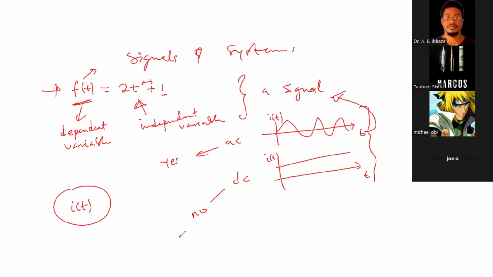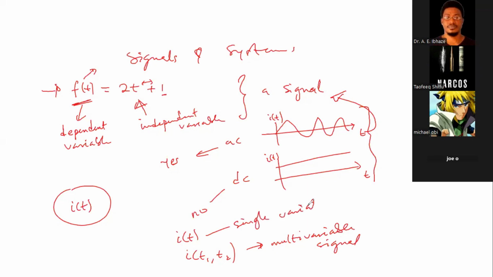Say, I of t is now a function of, rather than this, I of t1, t2. Now this becomes a multi-variable signal, while this is a single variable signal.